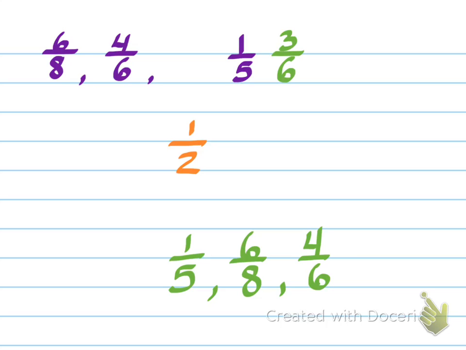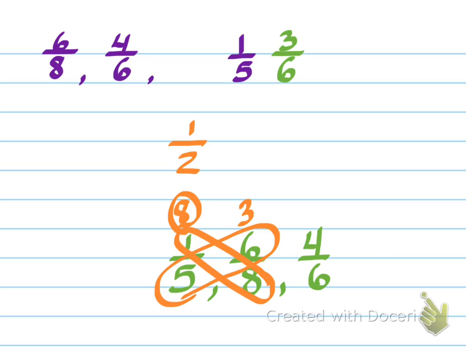So we're going to cross multiply, and we're going to say 8 times 1, which is 8, and then 5 times 6, which is 30. And so far so good, because we have our smaller number to the left and our larger number to the right.